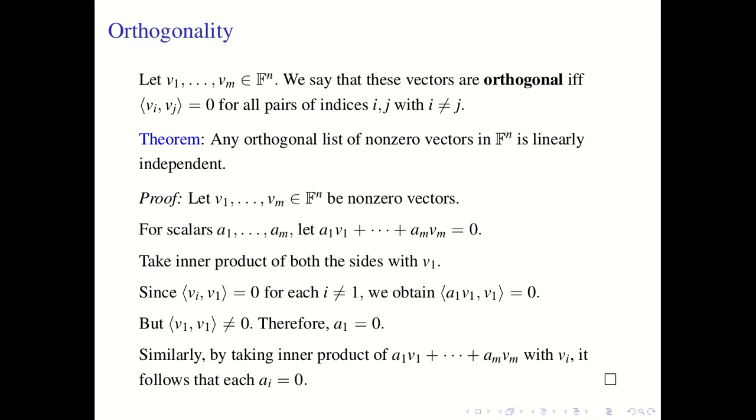Suppose I take a collection of non-zero vectors v1 up to vm, and suppose a1 v1 plus etc. am vm is 0 for some scalars a1 up to am.